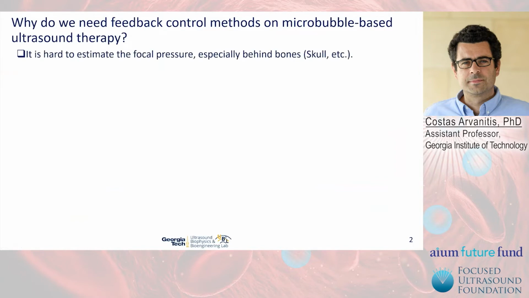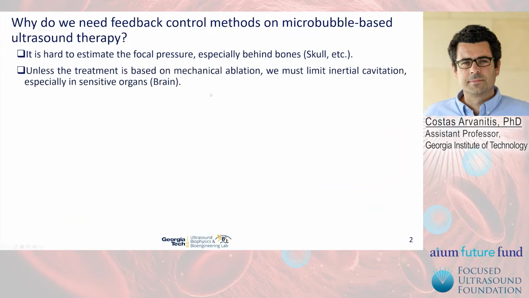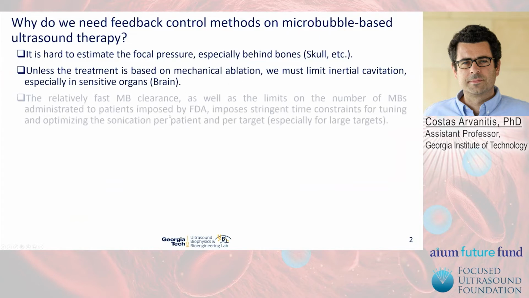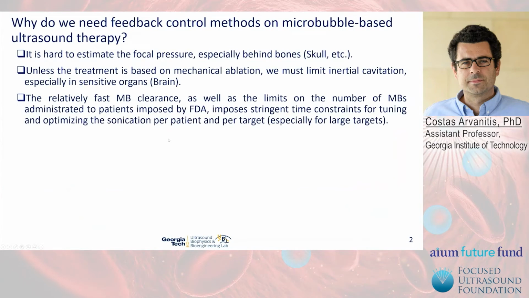First and foremost, it is hard to estimate the focal pressure, especially behind the bones. Also, unless the treatment is based on mechanical ablation, we must limit inertial cavitation, especially in sensitive organs like brain. Also, the relatively fast microbubble clearance and the limits on the number of microbubbles that can be administered to patients imposed by the FDA impose significant time constraints for tuning and optimizing the sonications.